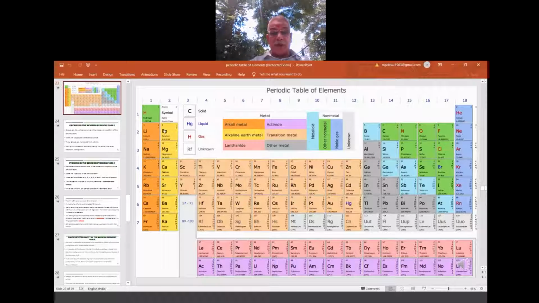In beryllium also, and in boron it is 2p1, carbon 2p2. Everywhere it is 2. So in all these 8 elements, the outermost electron enters the second level, the second principal quantum number, that is the L level.